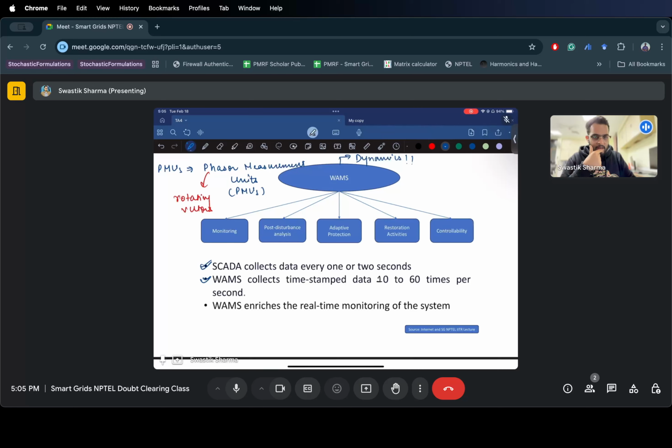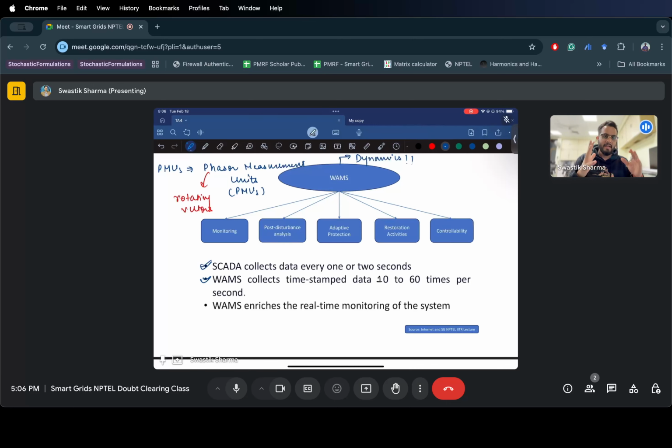So now WAMS is coming into the picture, right? This wide area monitoring system. We want to sit at a remote location, and we can see how our system is behaving at a resolution of some milliseconds of timestamp, right? Then we can get all of this data, which is timestamped according to a global positioning satellite or GPS clock, right? So this can help us monitor the system remotely.